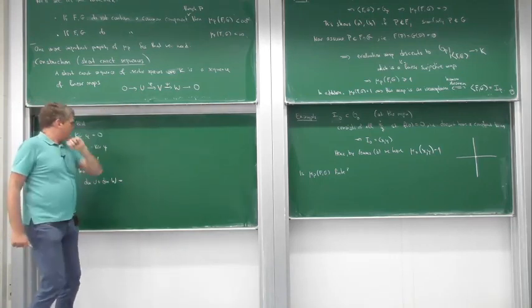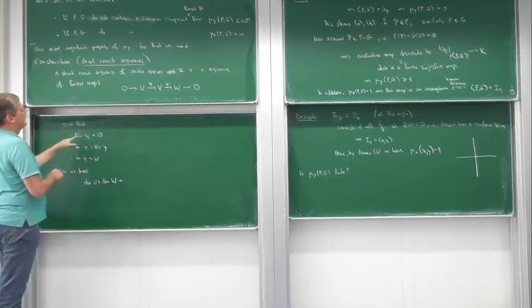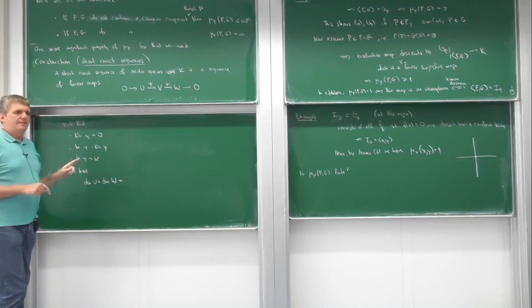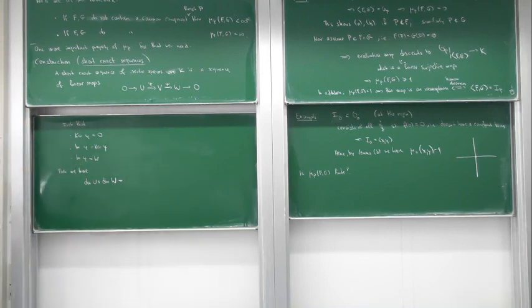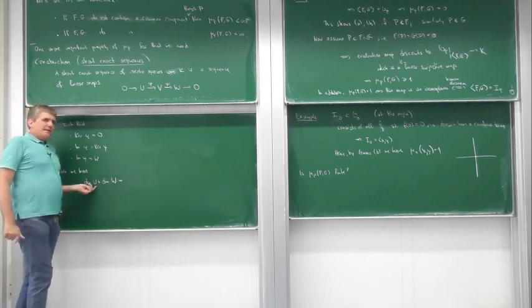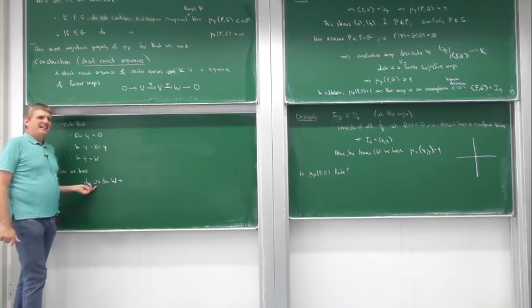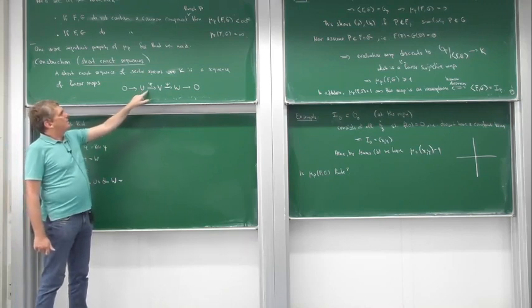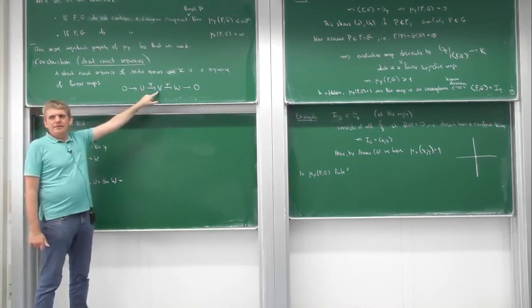Kernel, image, everything here, right? Dimension of U: if phi is injective, then the dimension of U is the same as the dimension of the image, because it's an injective map.